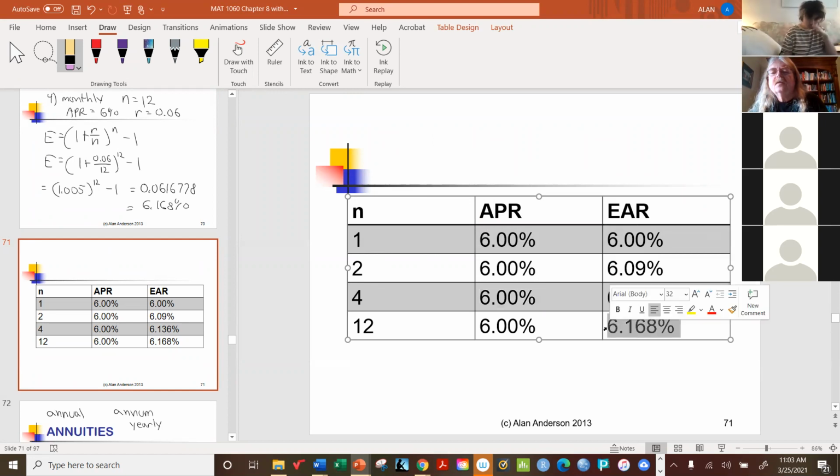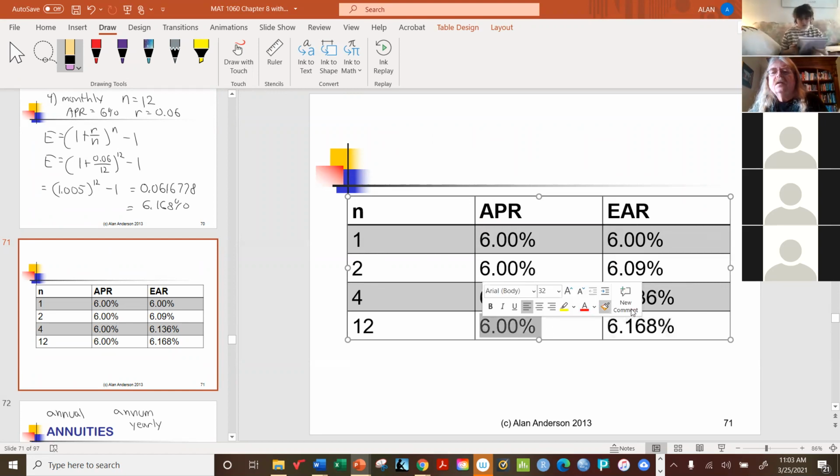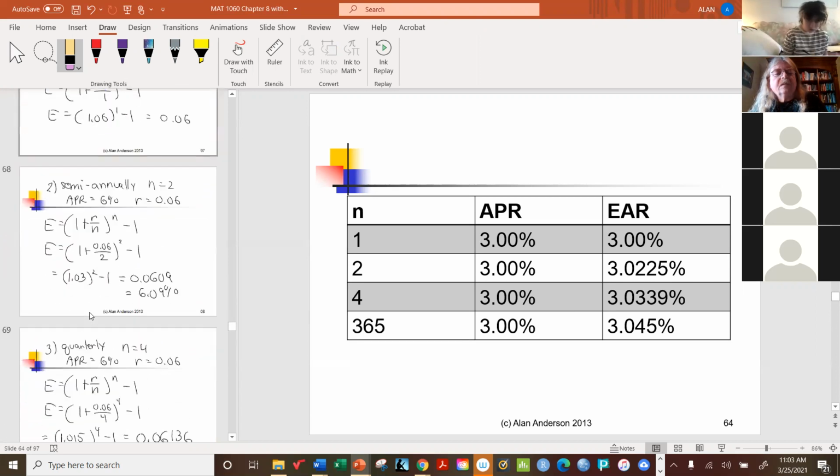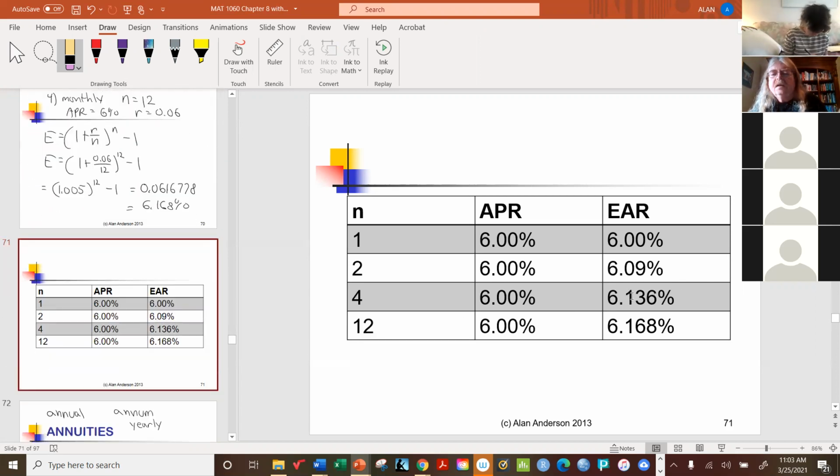In other words, the larger the APR, the larger by comparison will be the EAR. If you remember, for example, let's go back here for a second, the differences were quite small. Like with quarterly compounding, the difference is 0.0339, whereas here it's quite a bit higher, 0.136. So the difference between the two matters more and more as APR gets larger.